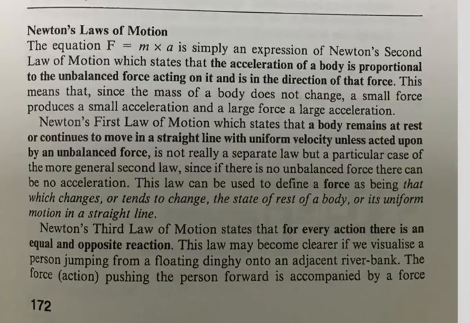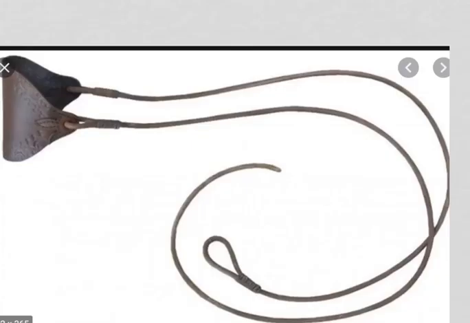Now, while studying dynamics, which is what we're doing at the moment, always keep Newton's laws of motion readily available. This next problem we're going to do relates to this one over here, Newton's first law of motion. So have a look at that one and keep page 172 open at all times so that you can refer to these Newton's laws.